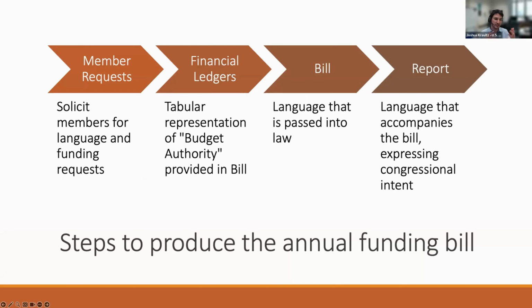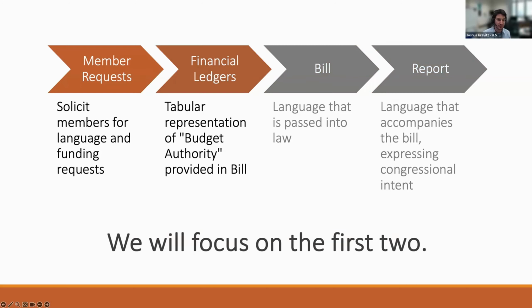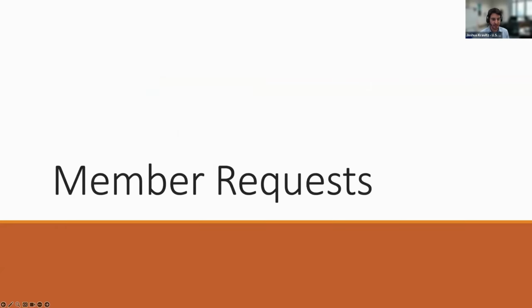The bill is the law. The report is basically congressional intent. It's extra language that accompanies the bill. We're going to focus on the first two, member requests and financial ledgers. Those are the processes that I've been focused on for the last year or two here on the committee.